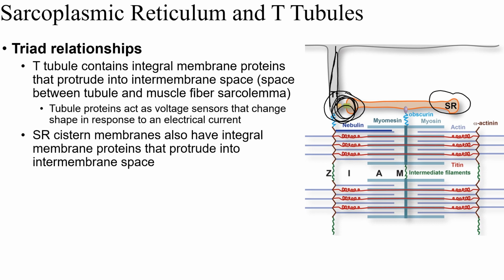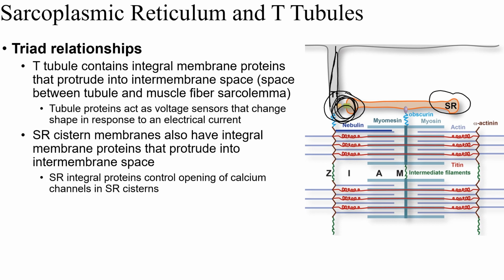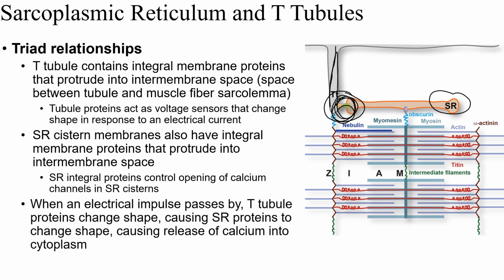The sarcoplasmic reticulum also is going to have integral proteins that will protrude into the space, and they will then be able to cause the opening of calcium channels. They'll have to be triggered to do that, and that triggering is going to come from the T-tubule. So let me just erase some of this.